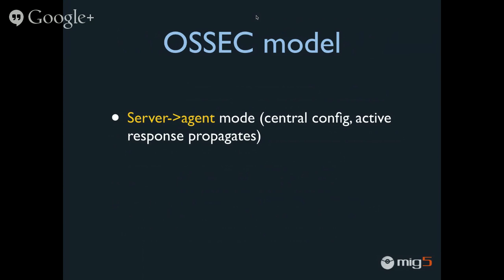You can centralize your config there, drop a little lightweight agent on all your other servers, and they're going to ship their logs back to the main server, and it has a bunch of convenience and features that come with that, such as propagating change out to your agents, or active response, which we're going to talk about in a little bit, which is like blocking attackers across your network.